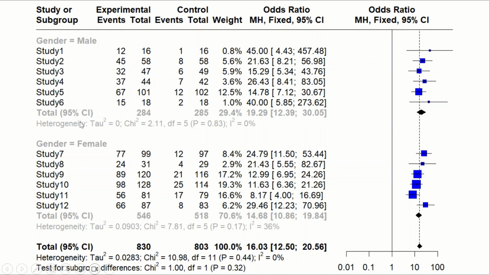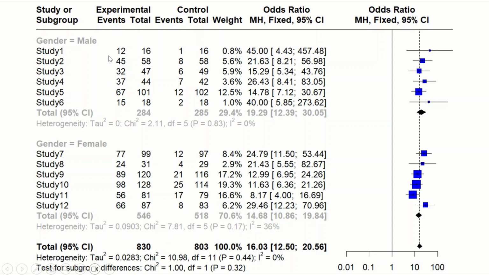And as shown here, the studies are sectioned based on gender for male and for females, and subgroup meta-analysis is performed for the male and then for the females. And in this third section here is the meta-analysis without subgrouping.